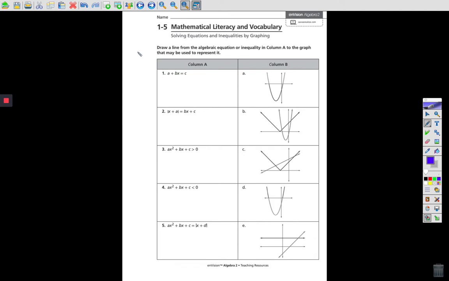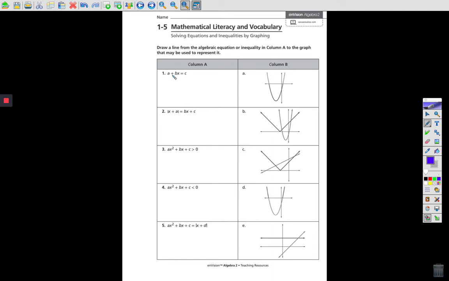Alright. So the first one says we've got a plus bx. When I see something like that, a plus bx, it only has one x in it, I automatically think to myself that it's going to be a linear equation. So for it to be a linear equation means it's going to be a straight line, correct? But then on the other side of the equal sign, we say equals c. C usually stands for a constant, so that just means it equals a number, right?